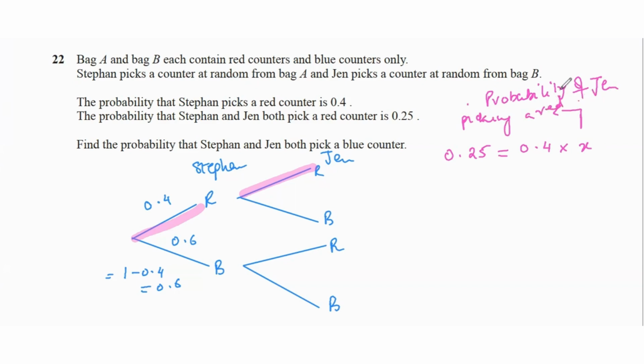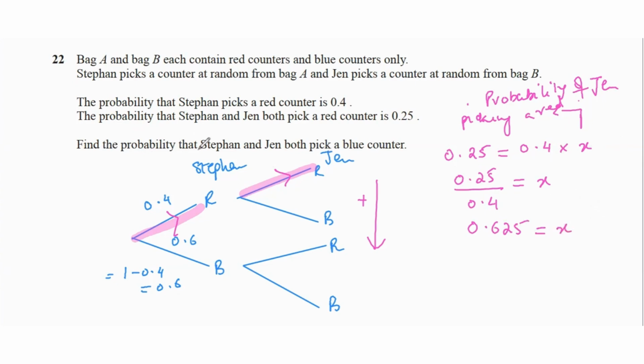Now, the reason why I'm multiplying 0.4 and x is because when you're moving along the branches, just from here to here, you multiply. When you're moving across the branches, you add. So since you're moving along the branches, 0.4 times x equals 0.25. So 0.25 divided by 0.4 is going to give us the value of 0.625.